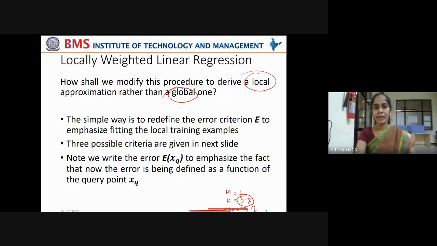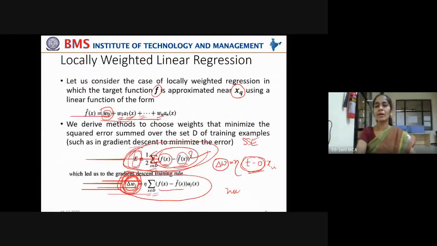How to do that? The simple way is to refine the error criterion E. What is the error criterion here in this case? E equals 1 by 2 sigma, the difference between the original value and the predicted value, squared.